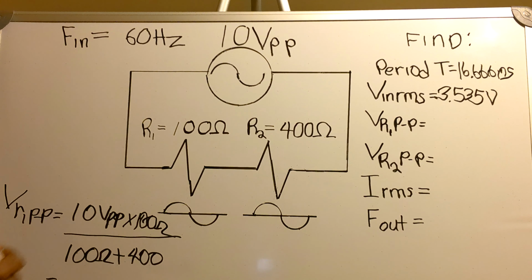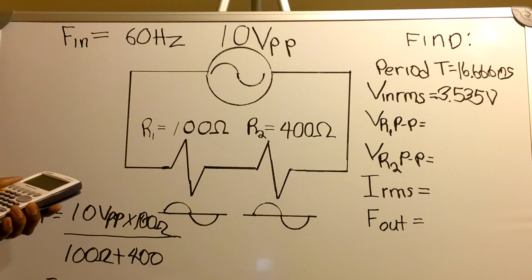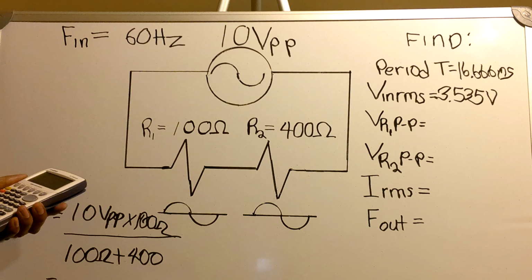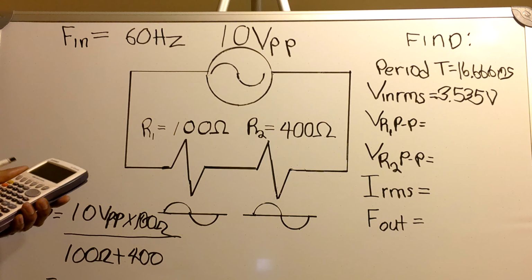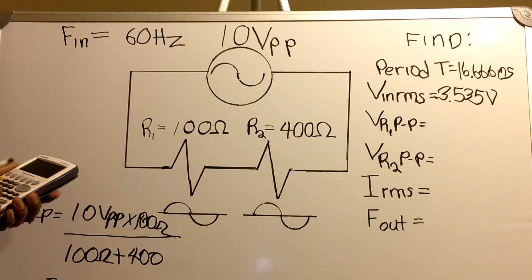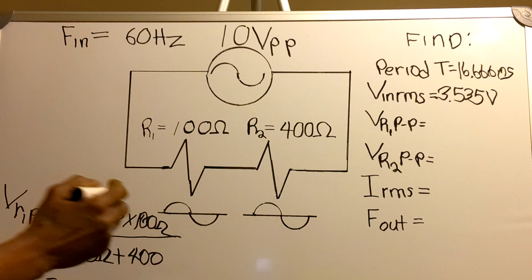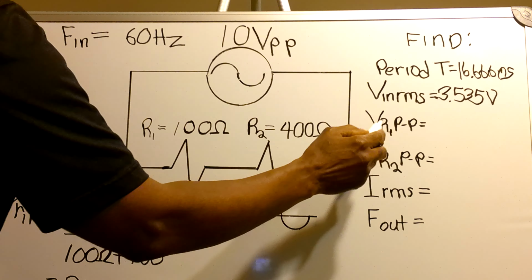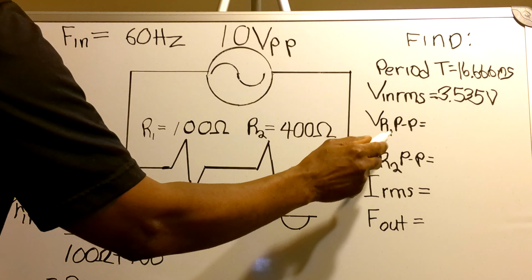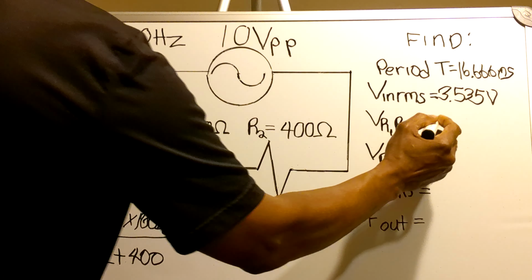That equals 10 times 100 ohms divided by 100 plus 400 ohms, equals exactly 2 volts peak to peak. So the peak to peak voltage across the R1 resistor, this one, is 2 volts peak to peak.